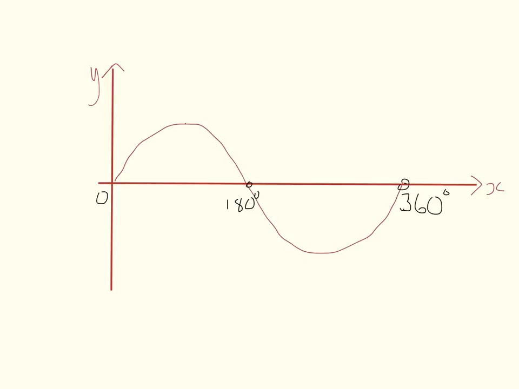This maximum point here, if we bring that down, is 90 degrees, and this minimum point here, if we bring that up, 270 degrees. So hopefully we can note that each of the four important points that we're looking at here are the multiples of 90: 90 degrees, 180 degrees, 270 degrees, and 360 degrees.